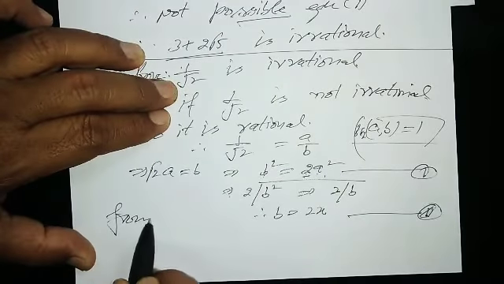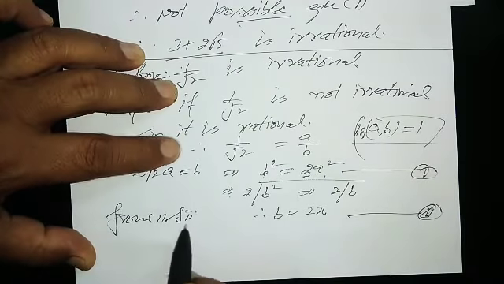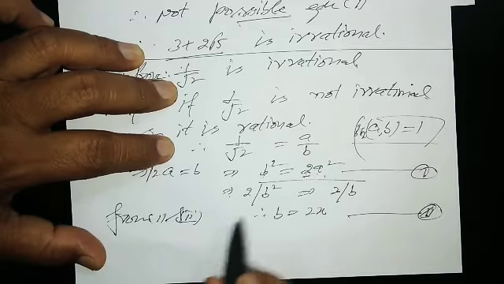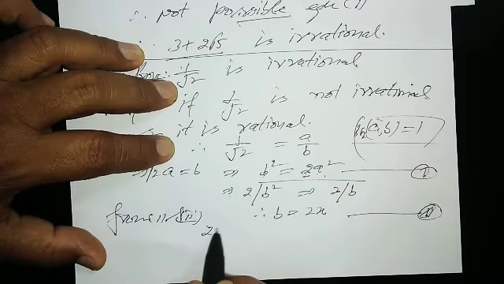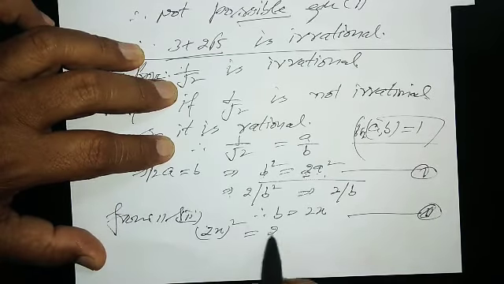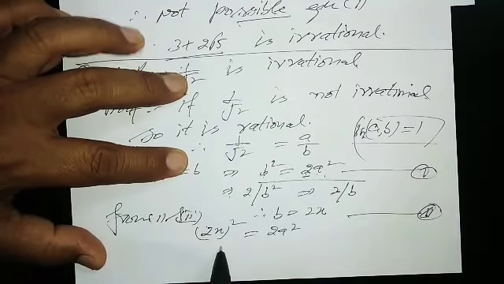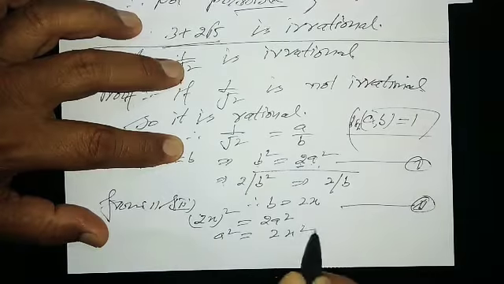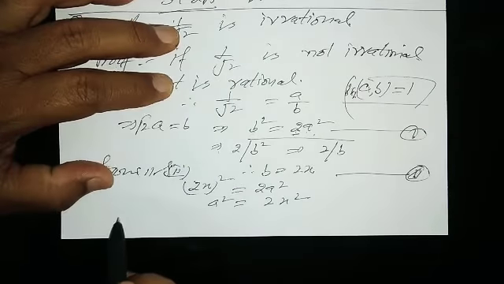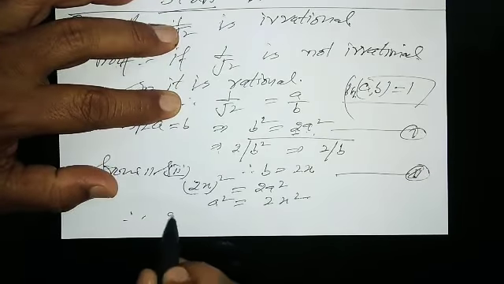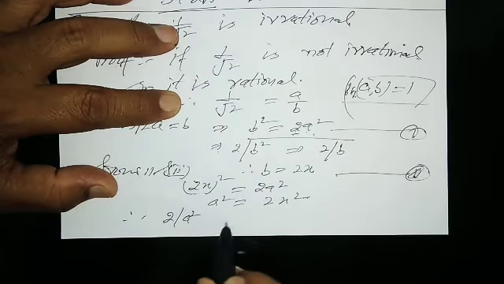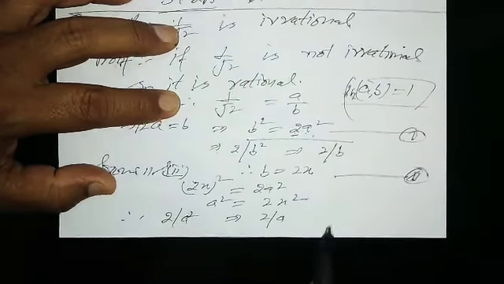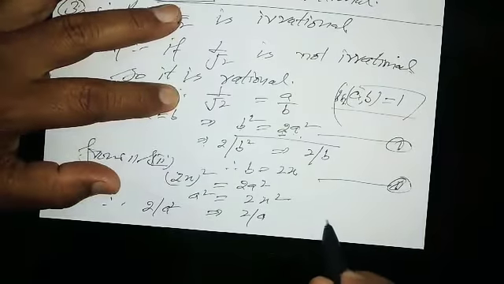From 1 and 2 what you will get: 2x square equal to a square, and a square equal to 2x square, right? Again we can say 2 divides a square means 2 divides a, and we have proved that.